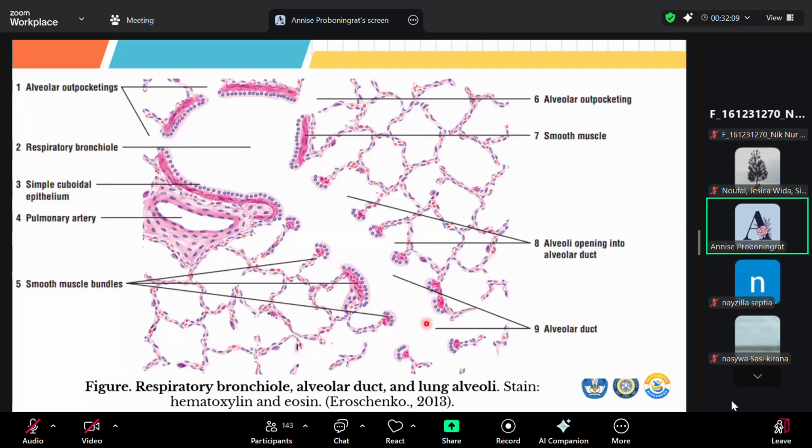And this is the alveolar duct, ductus alveolaris, and the alveoli opening into the alveolar duct.